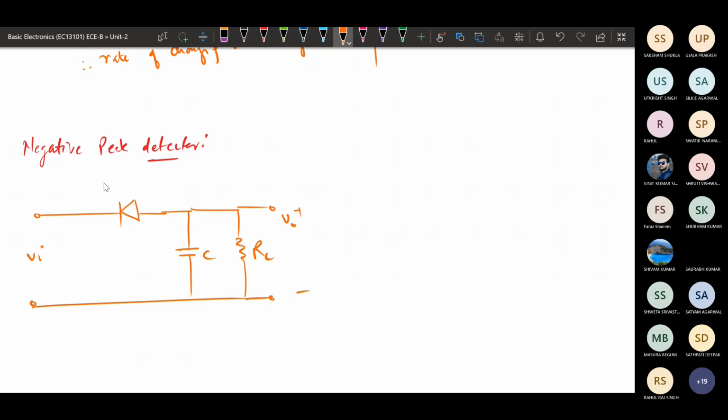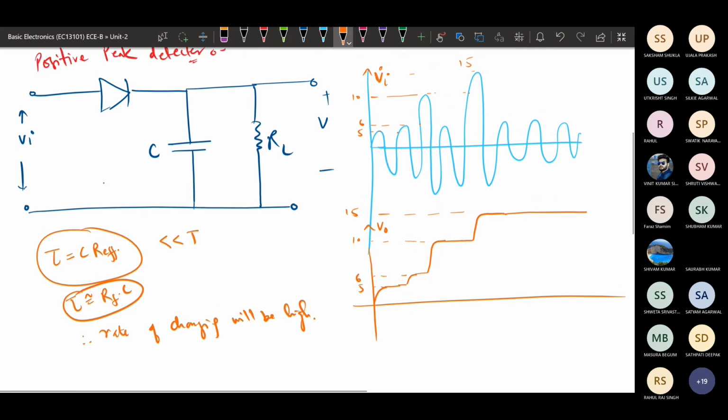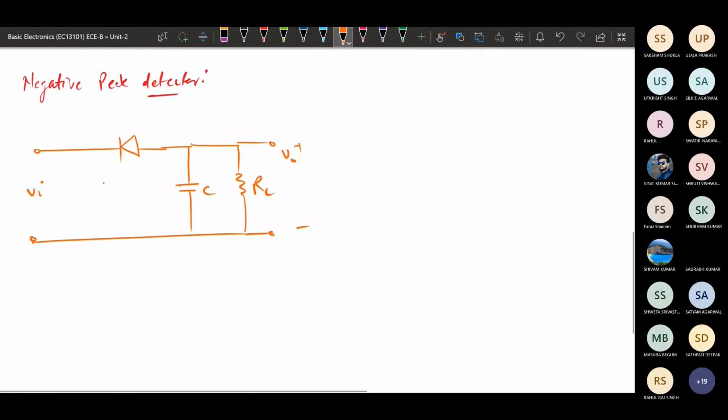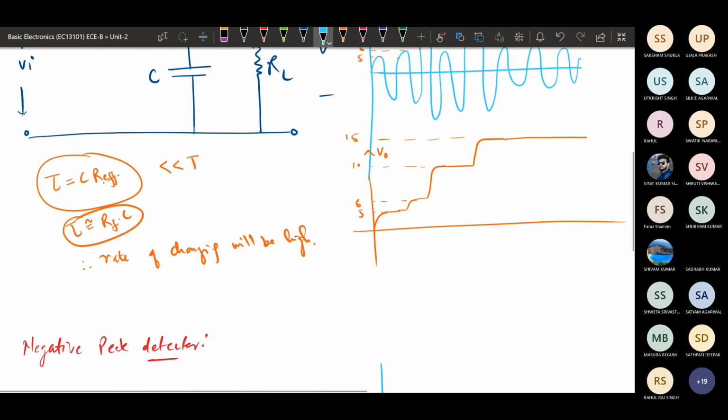In this case it is just opposite to the positive peak detector. This diode will only be forward biased when we are applying the input in the negative direction, and reverse biased otherwise.